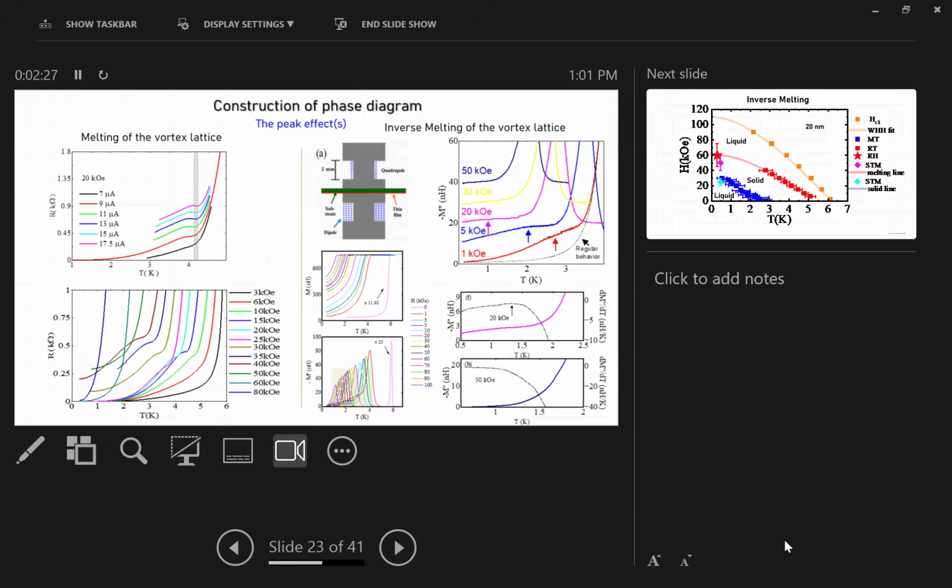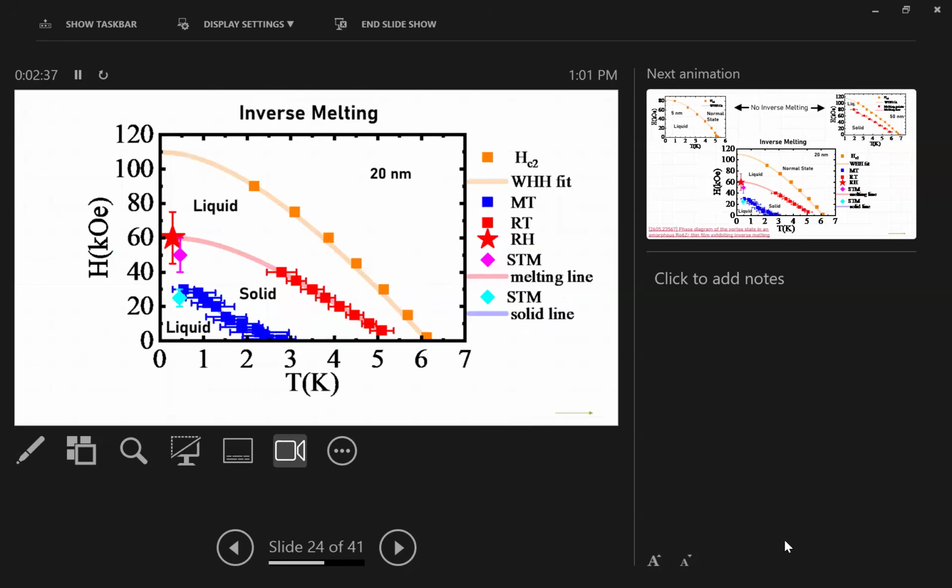And this anomaly you can see only up to 20 kilohertz, because above 20 kilohertz you don't have any inverse melting transition. So you see this anomaly only up to, let's say, this field here. At higher fields, there is just one transition from solid to liquid, so it doesn't manifest in the resistance. Okay, maybe we can discuss later.